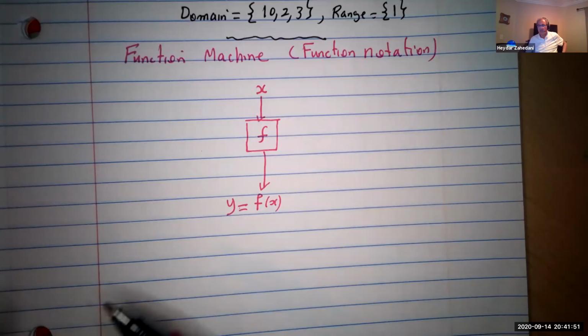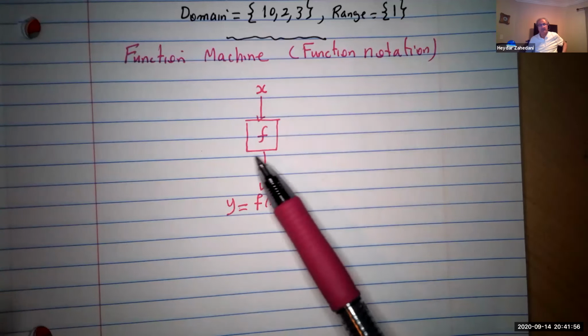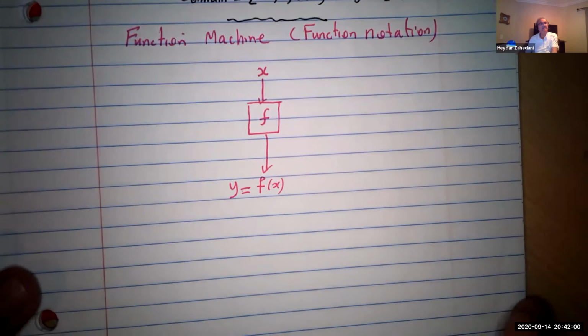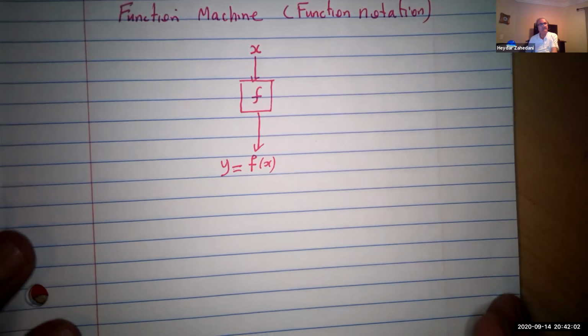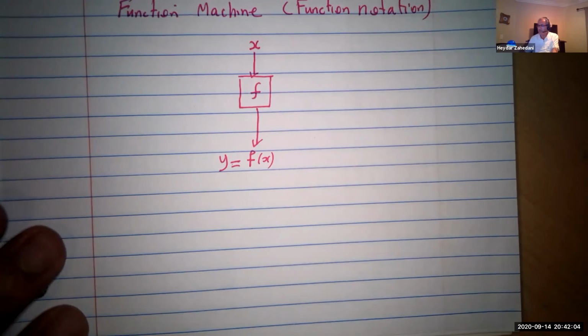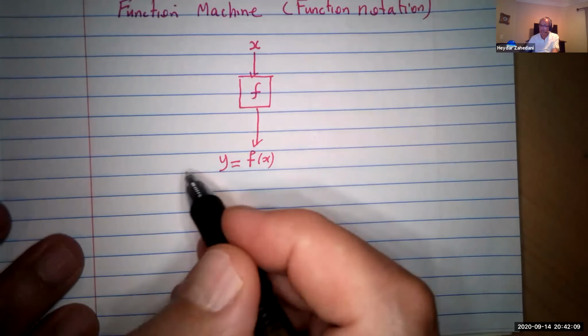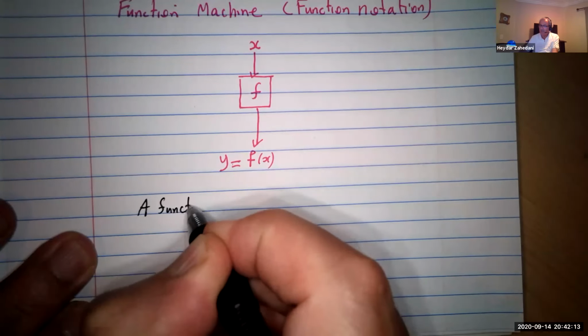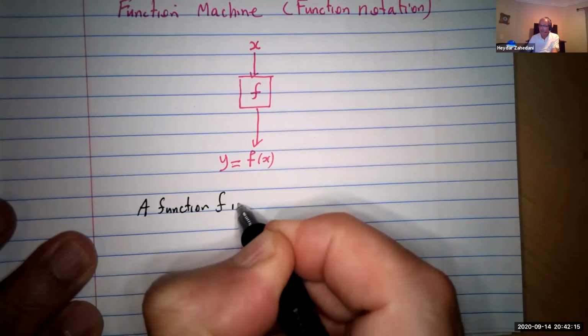So all the cashiers are functions. Inside, the formula has already been designed. So this format is very practical and it can be used in everyday life. So this is how we're going to define this. We're going to say that a function f is a machine.